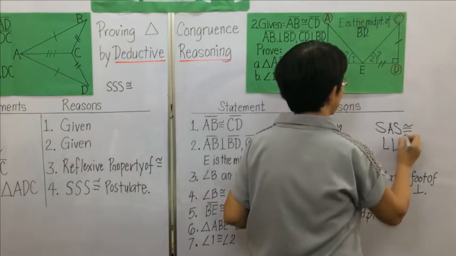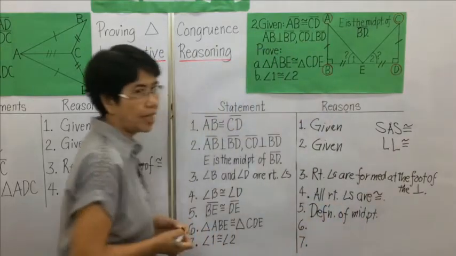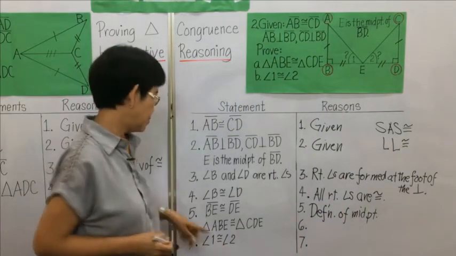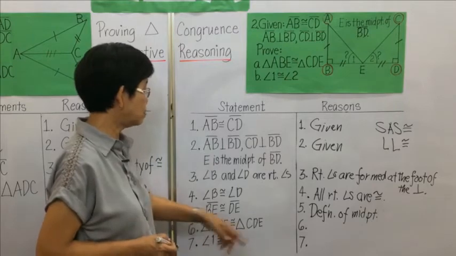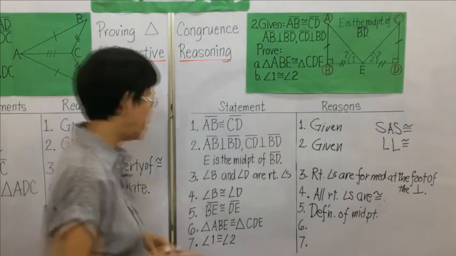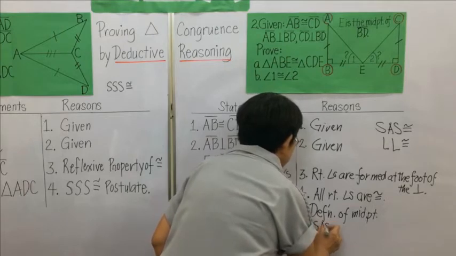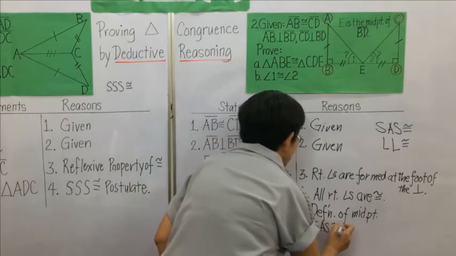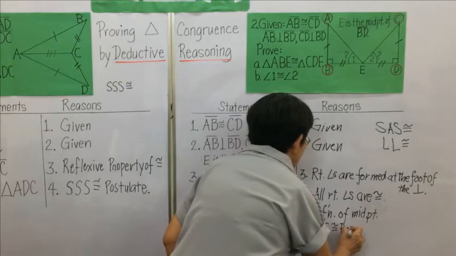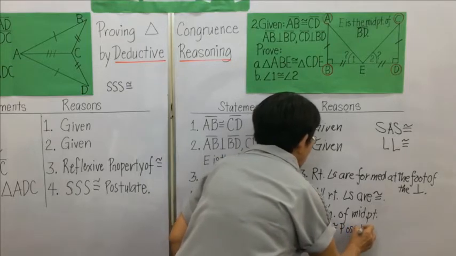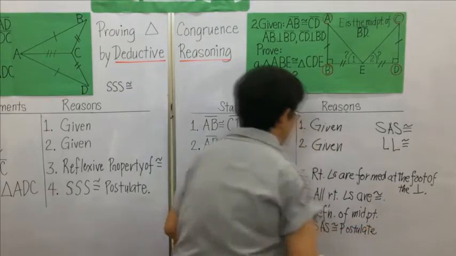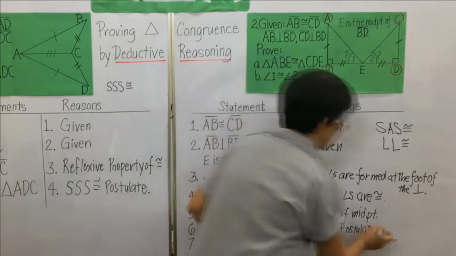So we can conclude that triangle ABE is congruent to triangle CDE by SAS, or by LL.